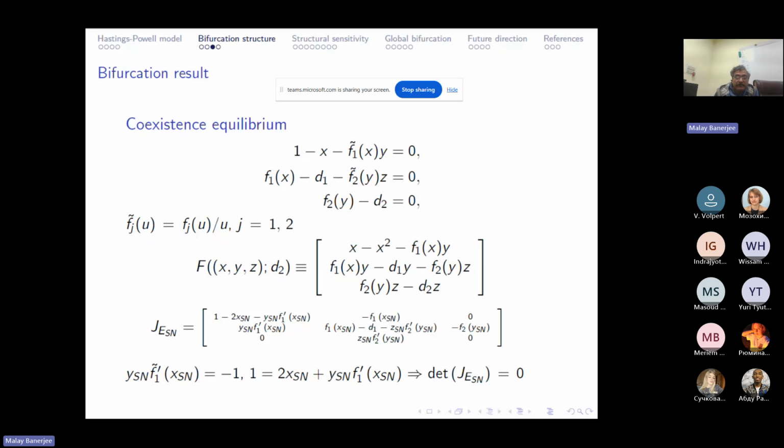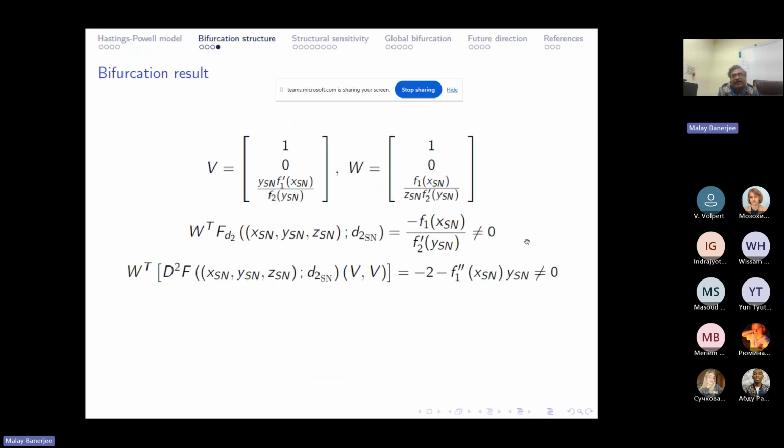In order to confirm, we need to verify the transversality condition, and it can be verified like this. We can calculate two eigenvectors V and W, which are the eigenvectors corresponding to the 0 eigenvalue of the Jacobian matrix and its transpose at the bifurcation threshold, and then we can verify these two conditions, which are known as the transversality condition.